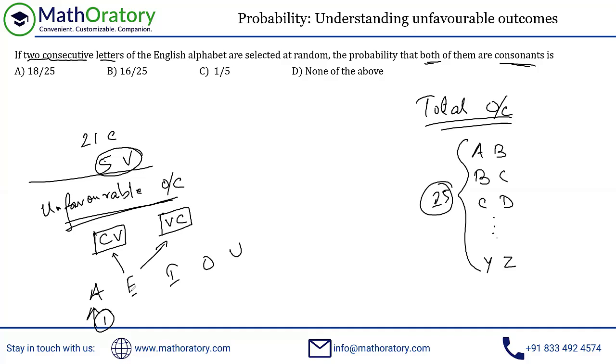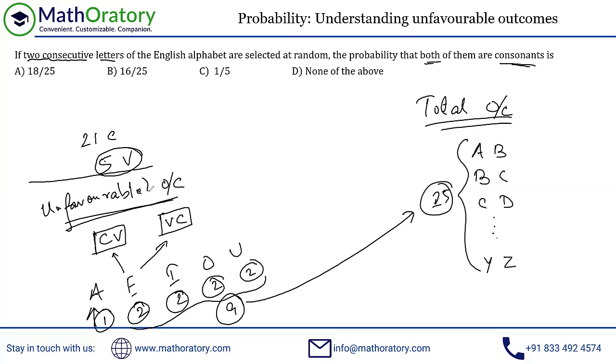For example, for E, you will have a case DE, which is a consonant followed by a vowel, as well as a case EF, which is a vowel, that is E, followed by a consonant. So for each of the other vowels, because they are not at any of the ends, A is at an extreme end, but none of the other vowels are, you will get two cases in which a consecutive letter is selected. So there are a total of 9 cases out of these 25 cases which are unfavorable.